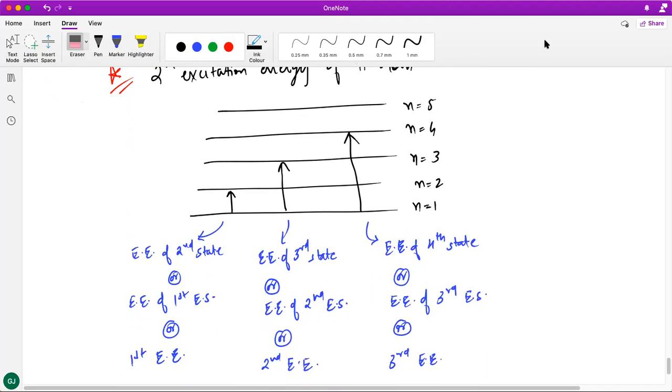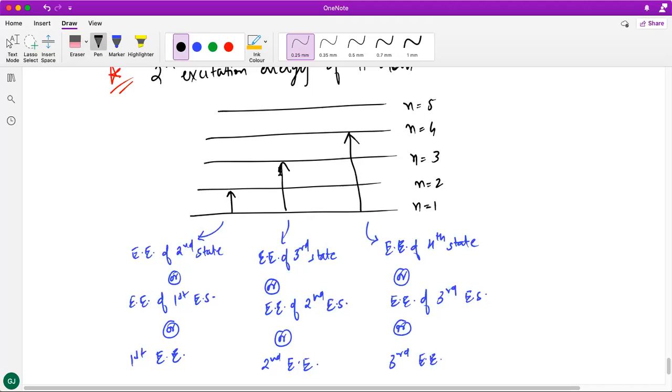Okay, so this is one theoretical point, more of a nomenclature thing that is sometimes put in questions, right? So ये जैसे first excitation energy है, इसको हम लोग क्या बोल सकते हैं, excitation energy of the second orbit और excitation energy of the first excited state, right? अगर n equal to 1 से n equal to 3 जा रहा है, तो उसको हम लोग क्या बोल सकते हैं, excitation energy of third state or excitation energy of second excited state, right?